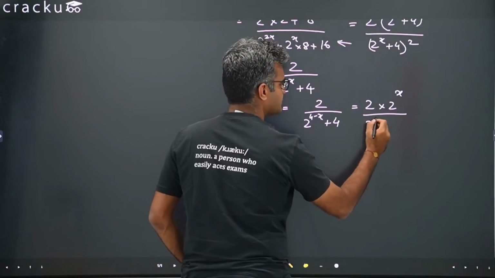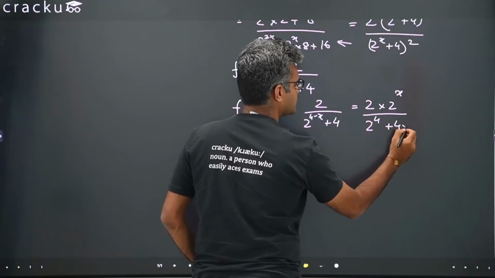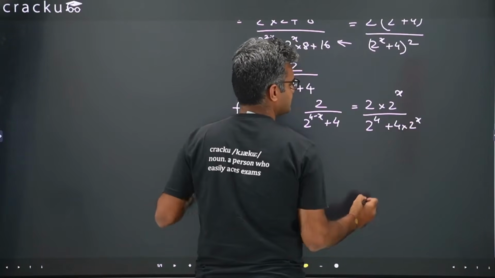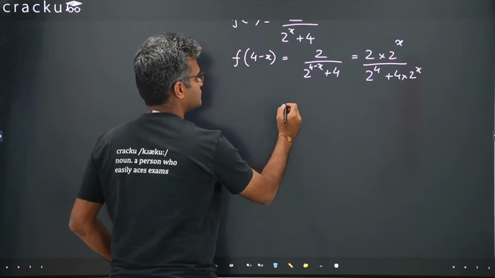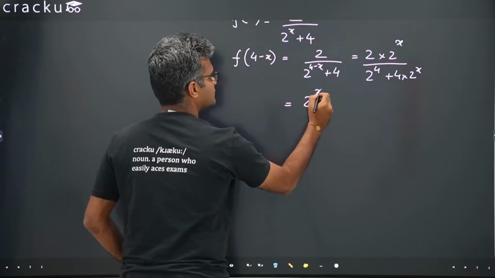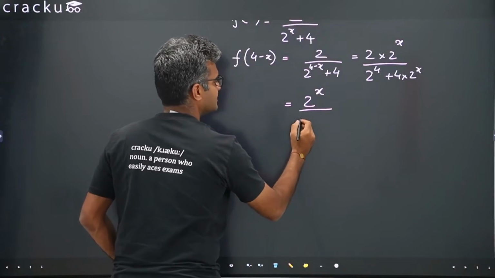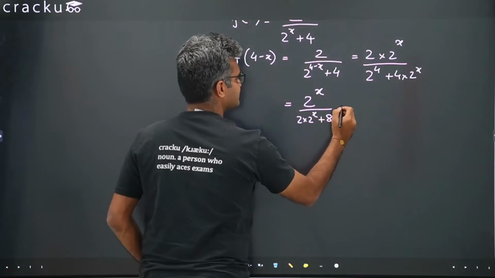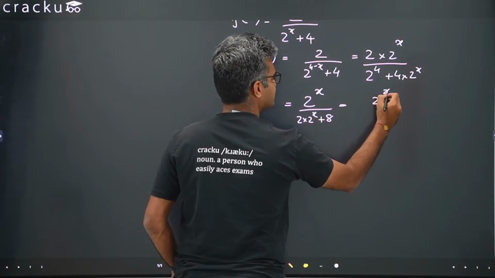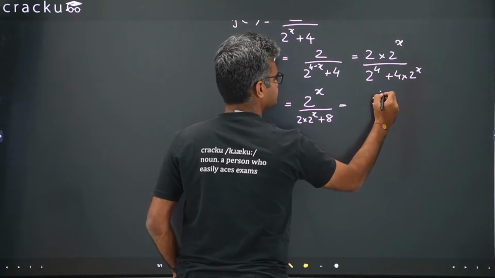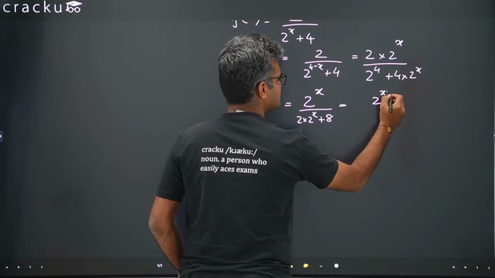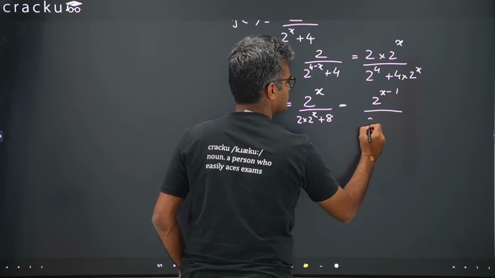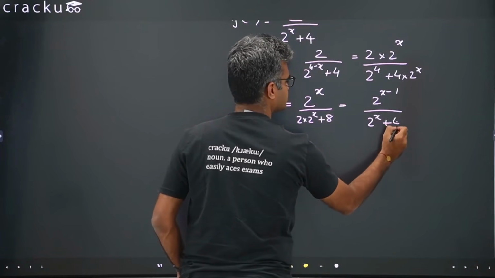This is 2 to the power 4 plus 4 into 2 to the power x. Now if you divide the numerator and denominator by 2, this is equal to 2 to the power x divided by 2 into 2 to the power x plus 8, which is equal to 2 to the power x minus 1 divided by 2 to the power x plus 4.